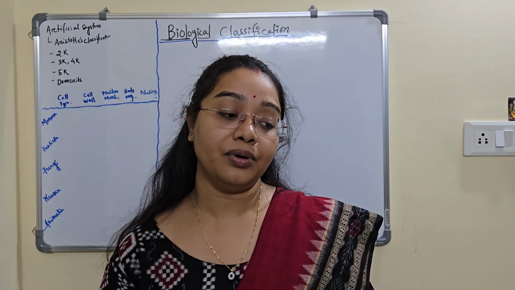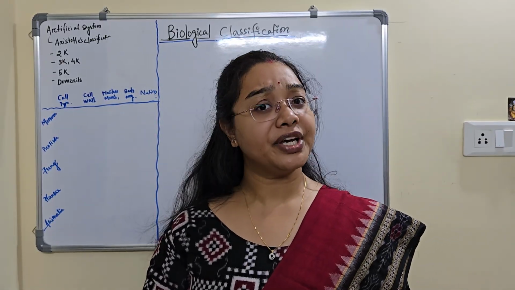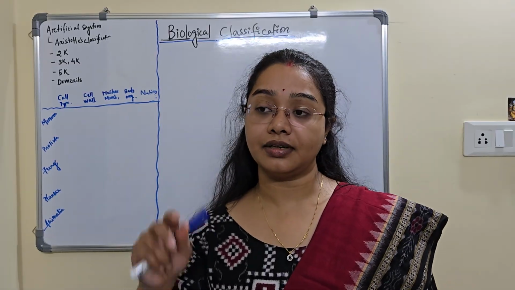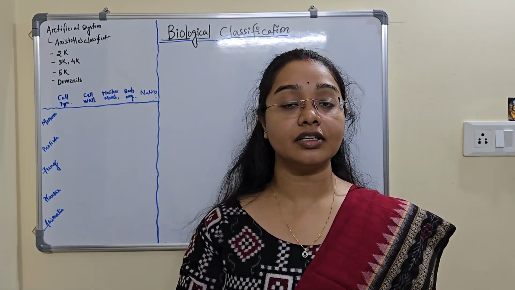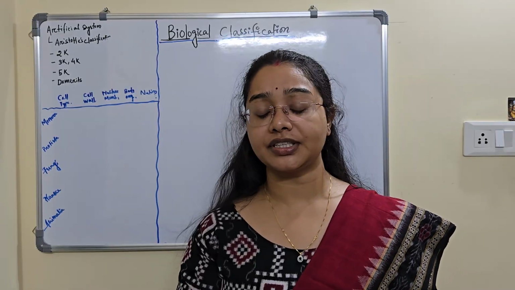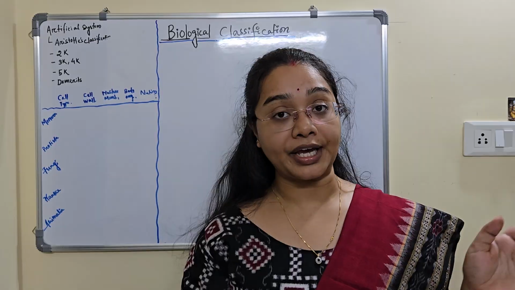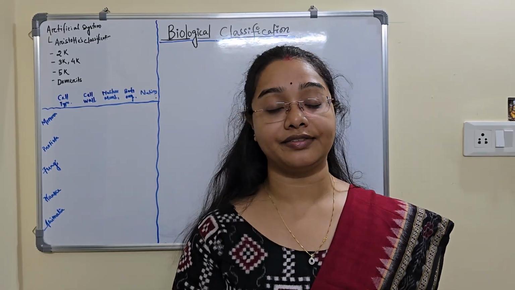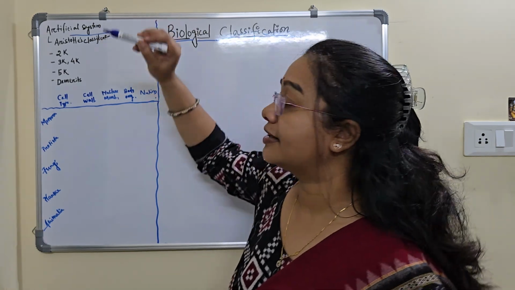Okay, so while talking about biological classification, there have been many scientists who have classified the living system into various groups, but we will talk about the most recent and advanced methods, not going back centuries. We will talk about the very first system of classification, that is the artificial system of classification.